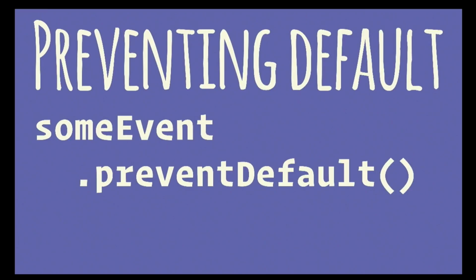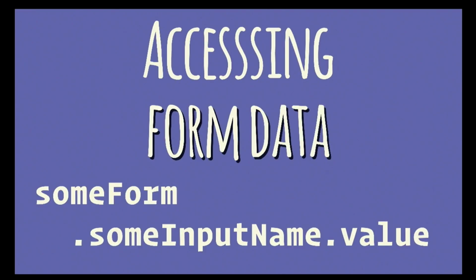Whenever a function's purpose is to handle an event, it will be passed an event object as its argument, whether we ask for it or not. So if we want to do something with it, we should put it in our argument list and do something with it. To get form data, if you have the form, then you can say dot whatever input name dot value. We did that quite a bit.